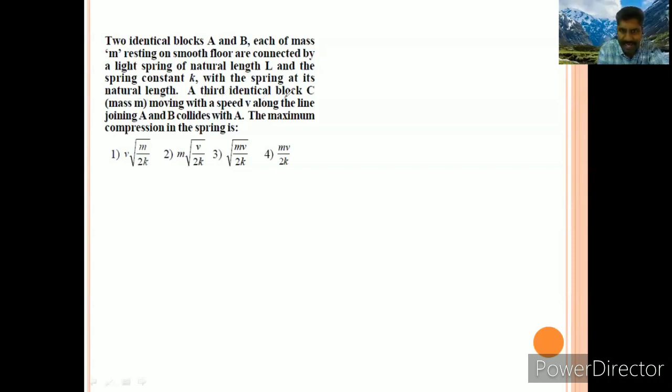A third identical body C of the same mass, moving with a speed v initially along the line joining AB, collides with A. Find the maximum compression of the spring.